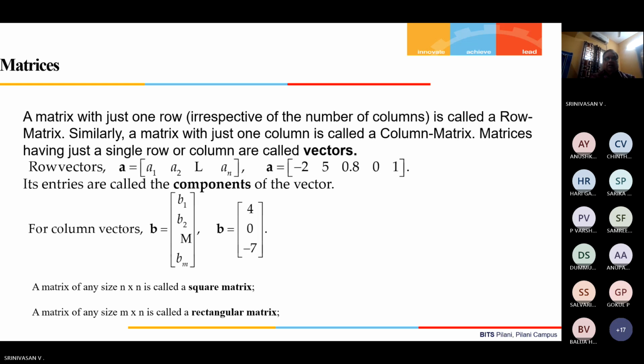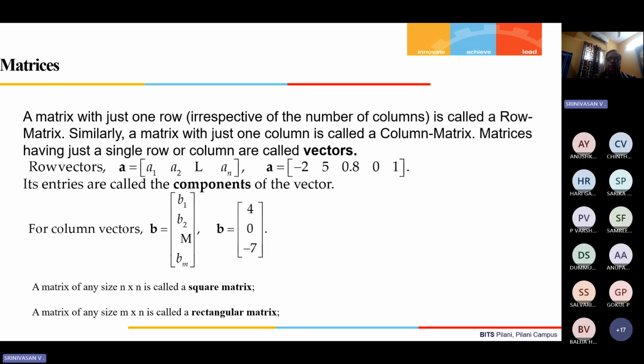We are going to introduce a term here, vector, when you are having the special type of matrix like row matrix or column matrix. Of course, you can regard them as row matrix or column matrix, but when you have them as a row matrix or column matrix, the special name that we will be giving them is a vector.